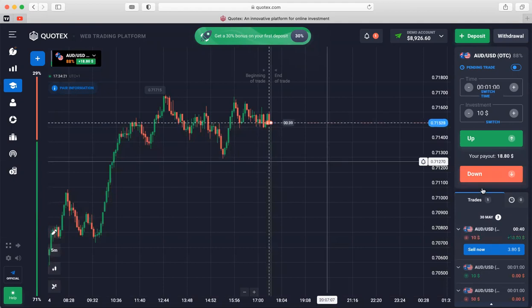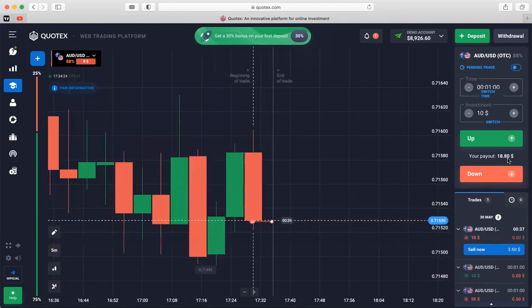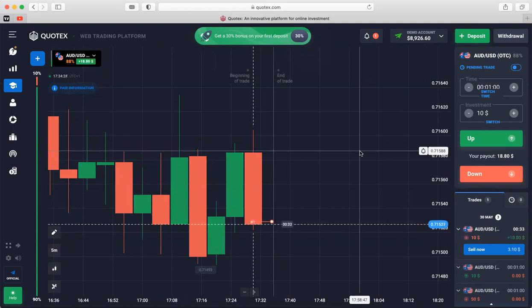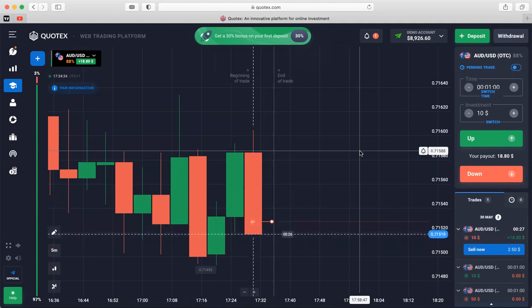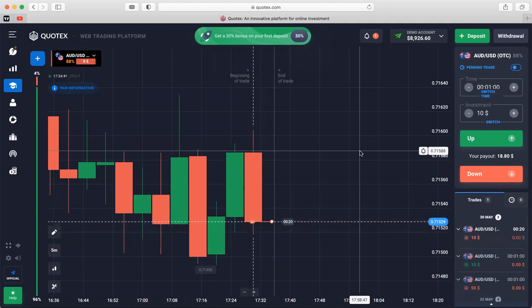We have to get $8.80. What does $8.80 mean? If you clear this trade, you're going to get $10 back, and not just $10 back, you get $8.80 in addition. All right, it's about to clear in 10 seconds.